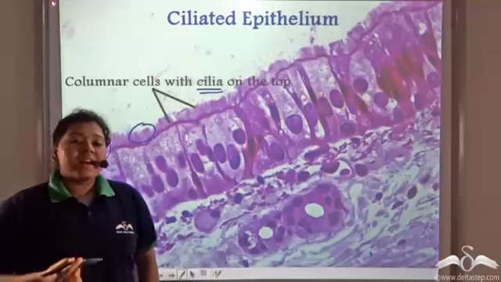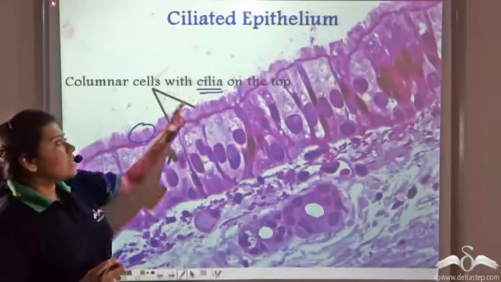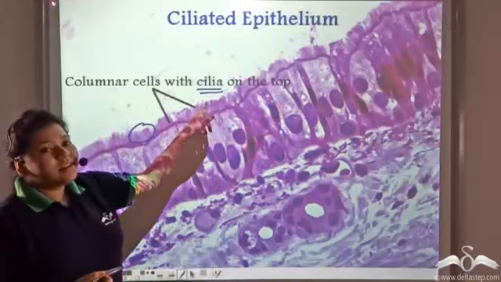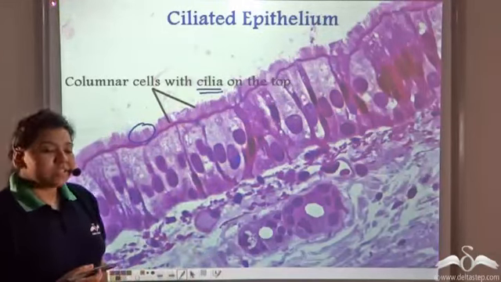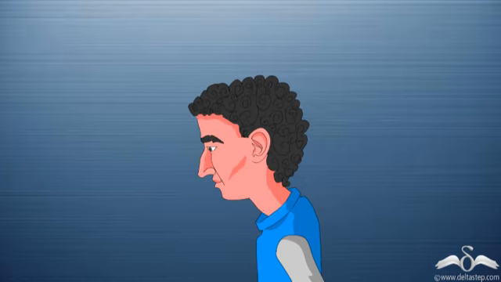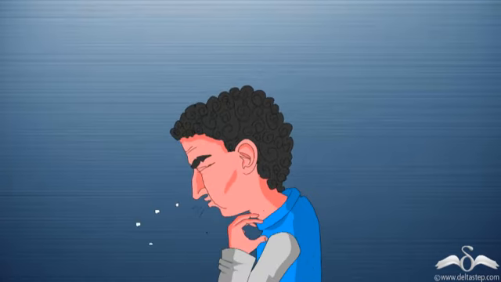So this columnar epithelium that lines the trachea is known as ciliated epithelium because of these cilia present on the upper surface. Now, what happens when we try to talk and eat at the same time? See, a person chokes on his food and he violently coughs till the food is given out of the body.